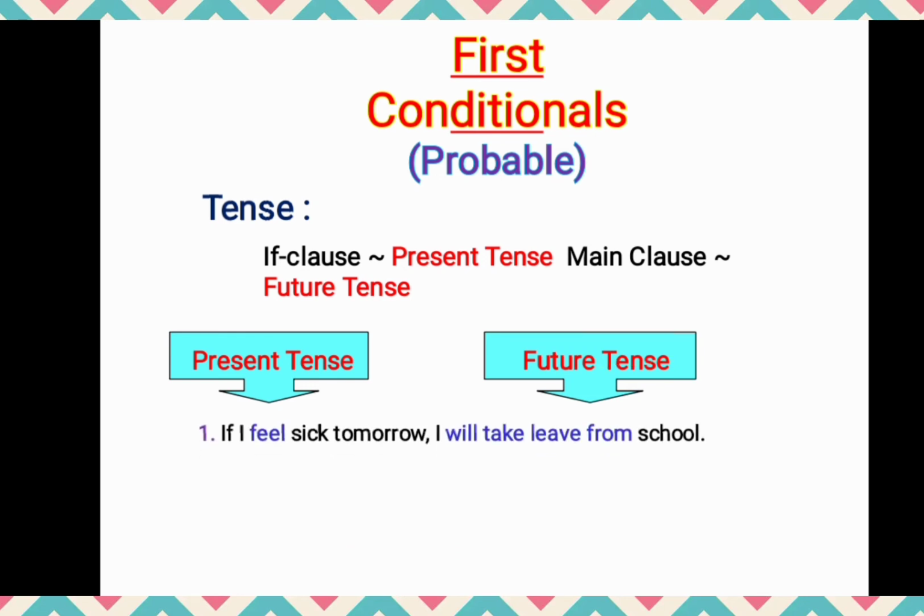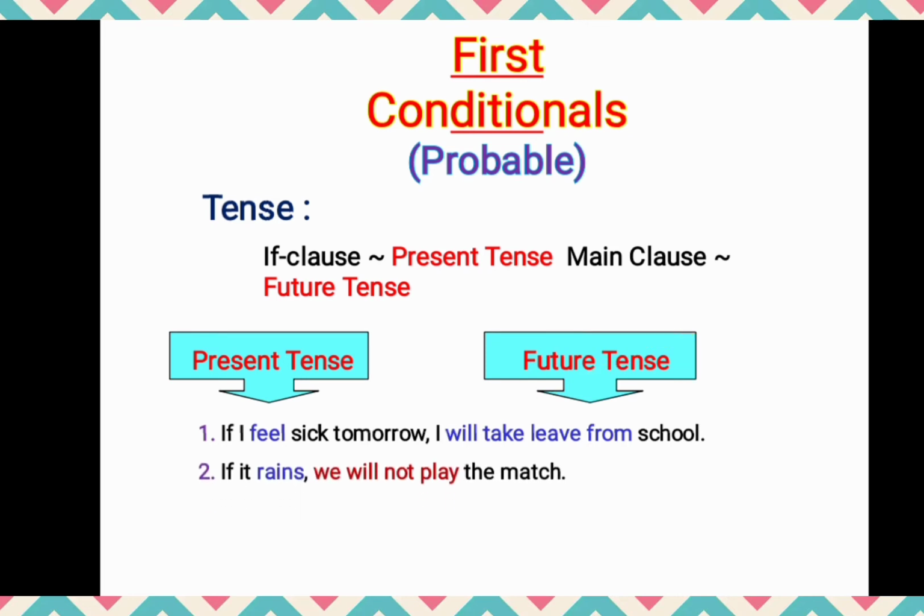And we have some examples regarding this rule. If clause in present tense, main clause in future tense. You can see, if I feel sick tomorrow, I will take leave from school. The if part is in present tense and the second part is in future tense.